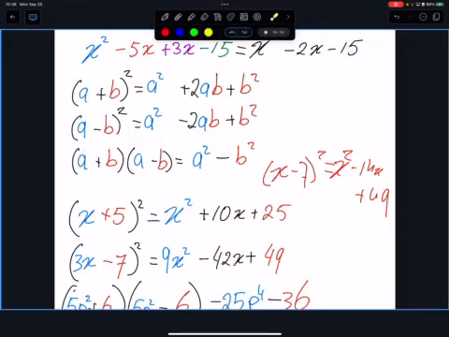Correct, because these are special. As you can see, a minus b, a plus b, separately, differently.